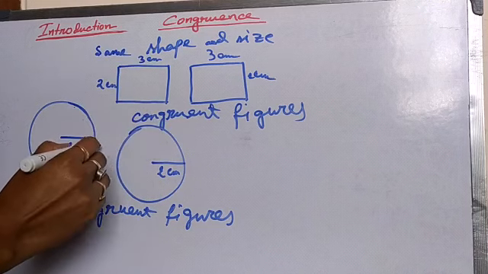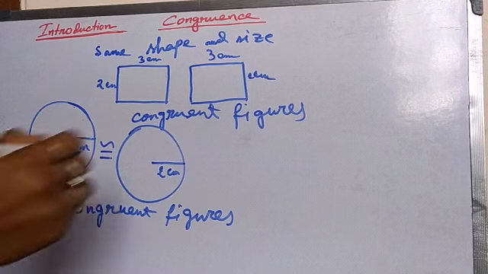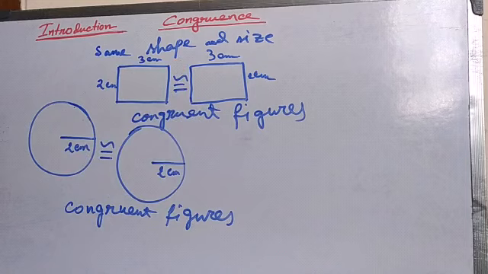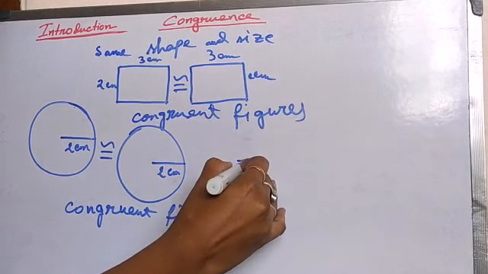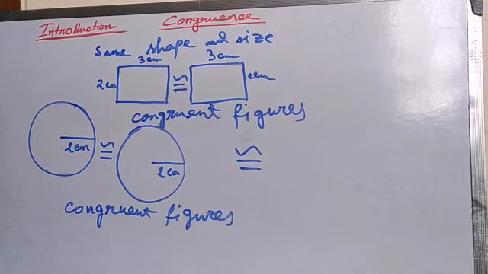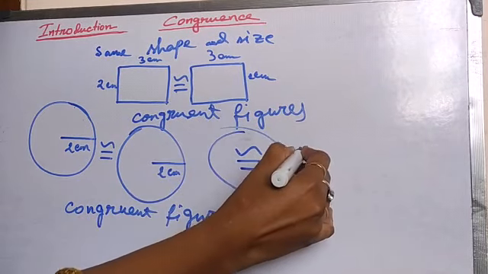Then the sign of congruence: first an equal to sign, then on the equal to sign there is a curve line. This is the sign of congruence.